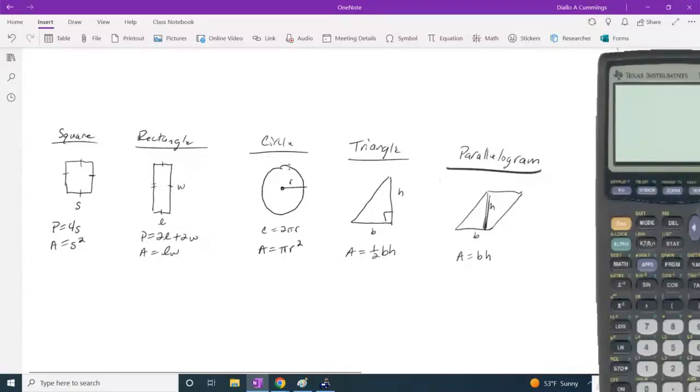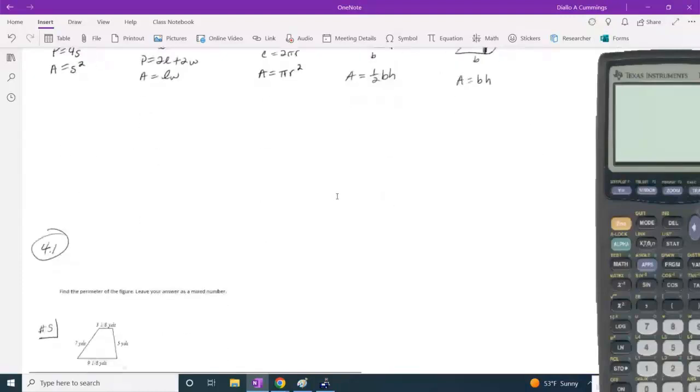Okay, so these formulas are actually going to cover the first couple of modules. All right, so let's take a look at some problems.